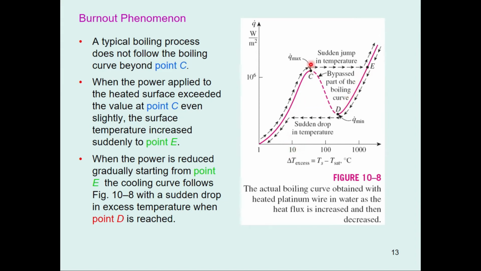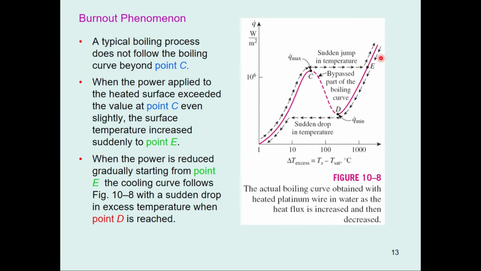Let's suppose this C point occurs at, for example, 50 degrees centigrade of delta T excess, or 25 degrees centigrade at this point. So what we see is that if we further increase the temperature delta T excess, the boiling curve will bypass this region from C to D to E, and it will just go straight from C to E, and then there will be a sudden increase in the heat flux.